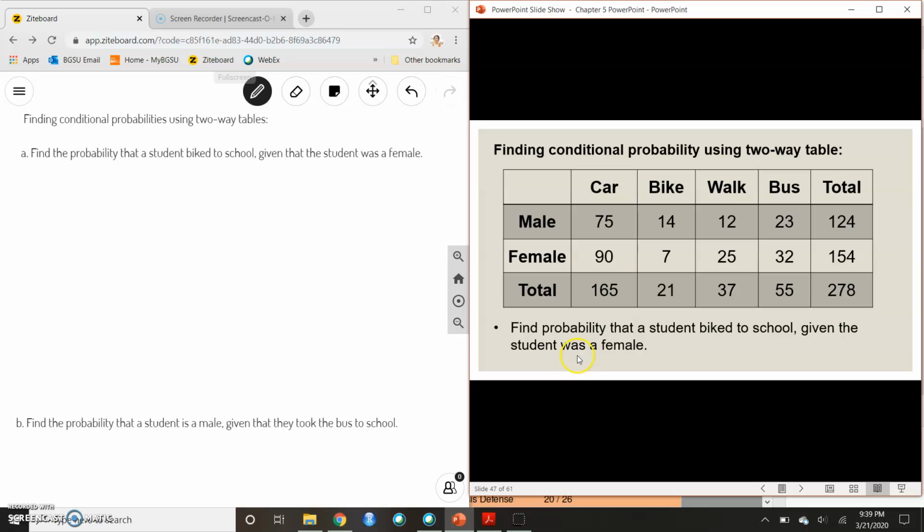So in this case, our given condition is that the student has to be a female. And so the total for female is now going to become our denominator because we're limiting our group to just females. And so here 154 becomes our denominator.